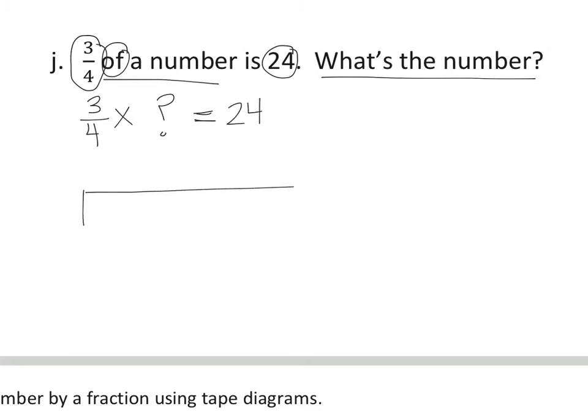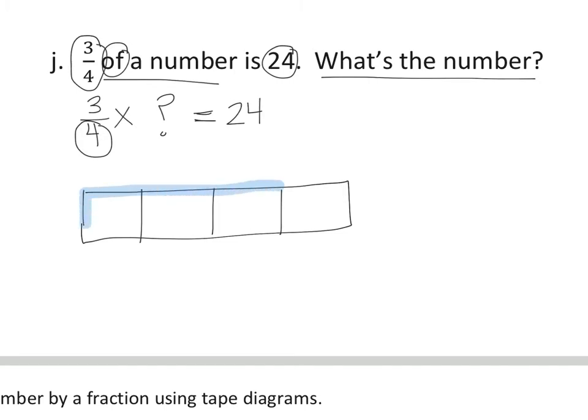So draw our tape diagram, and since we have fourths, we're going to break this up into 4 equal pieces. That means 3 lines. And we're also told that 3/4 of the number on top, which we don't know, so we should label the number on top as a question mark.